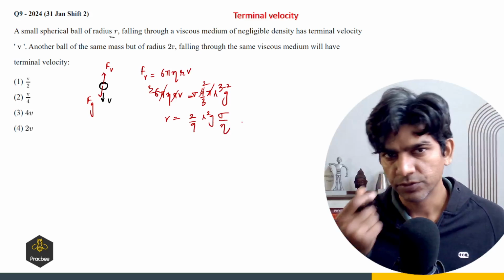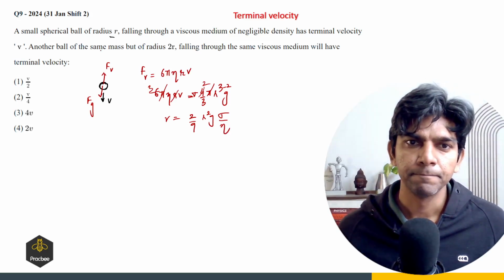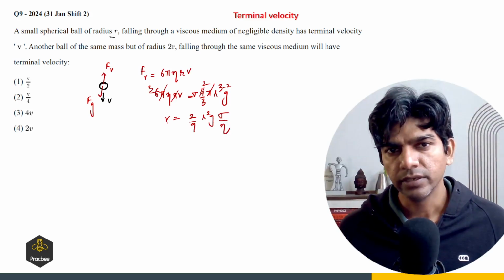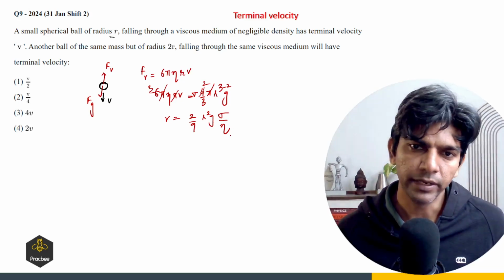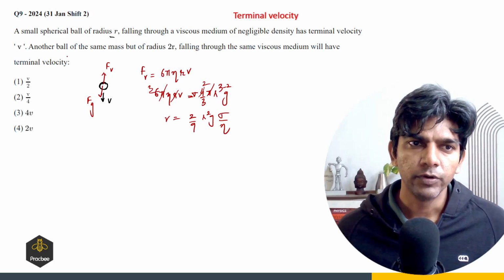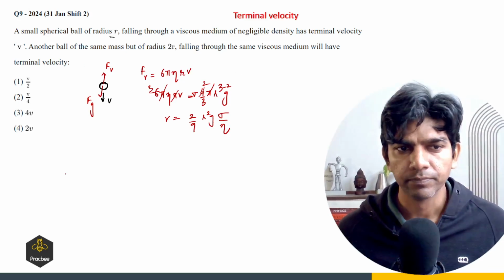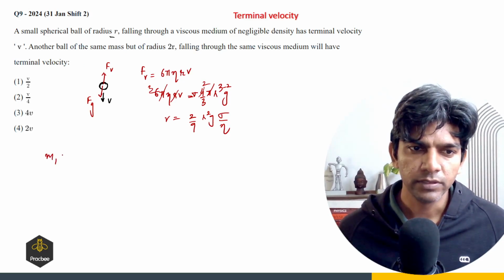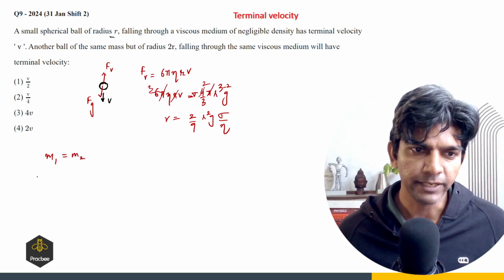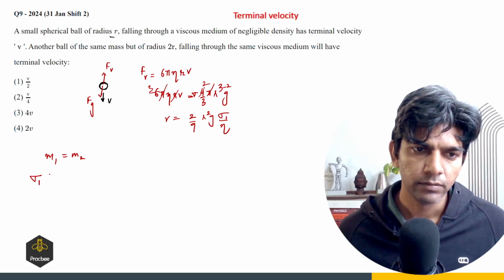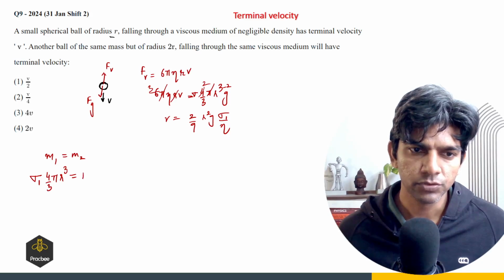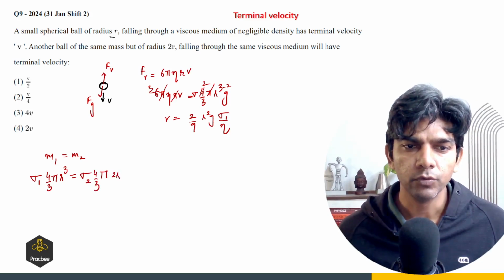So we got the terminal velocity, and terminal velocity is directly proportional to the square of the radius if we keep eta and sigma constant. Now what we have done, another ball of the same mass, so m1 is equal to m2. So we can say density, let me call this sigma 1, sigma 1 times 4 by 3 pi r cube is equal to sigma 2 times 4 by 3 pi 2r cube.